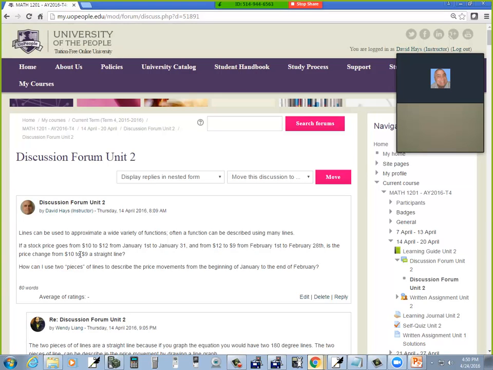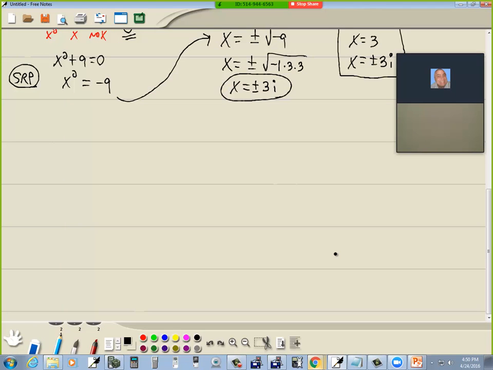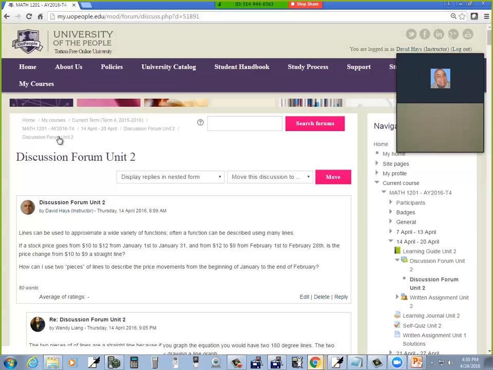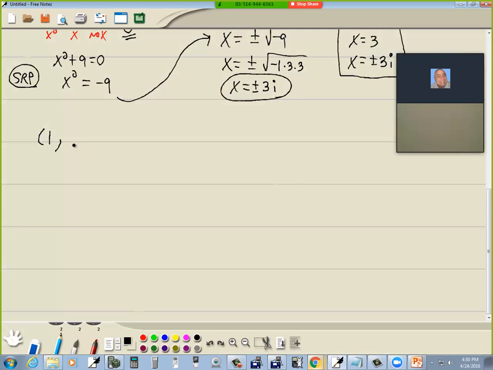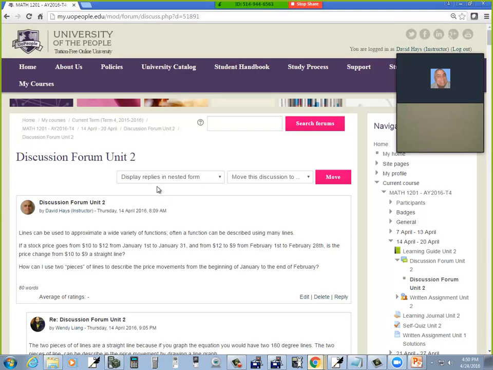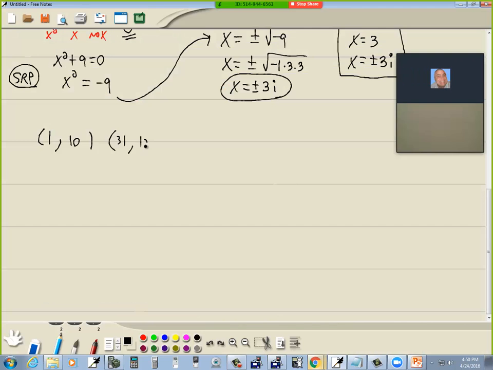It says if a stock price goes from $10 to $12 from January 1st to January 31st, then 12 to 9 from February 1st to February 28th, is the price change from 10 to 9 a straight line? So if I go with putting my day of the month here, $10, and then from that to the 31st would be $12.